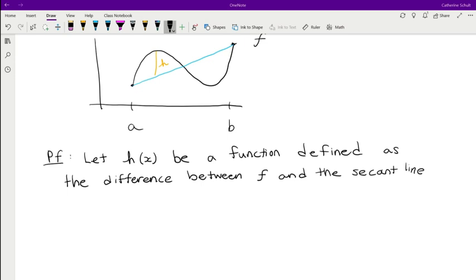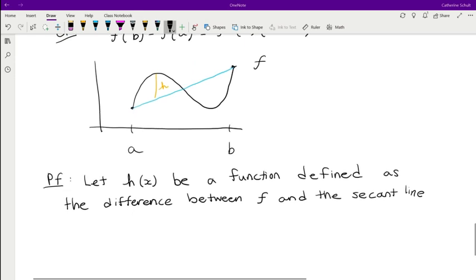Okay, and we're going to call that secant line just AB. All right, so let's do this. So we're calling this blue line the secant line.